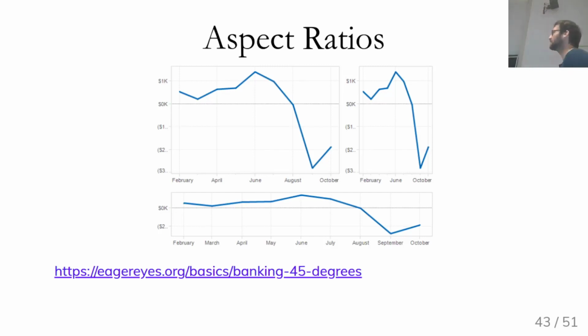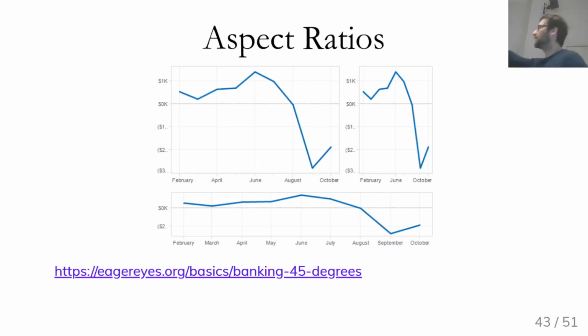A couple of other things in terms of guidelines for creating plots you should think about. One is aspect ratios. There's a cool blog called eagereyes.org with a couple of cool things about visualizations. The question is, what is the perfect aspect ratio?